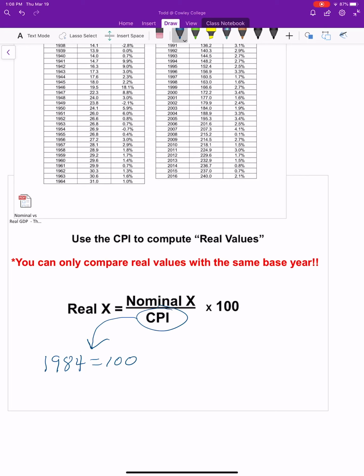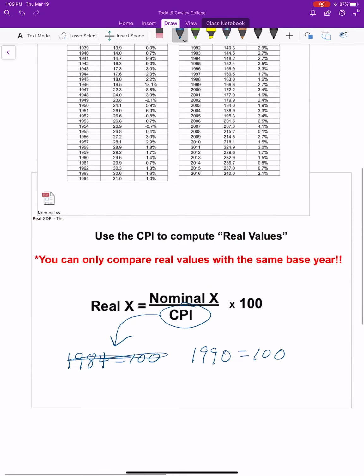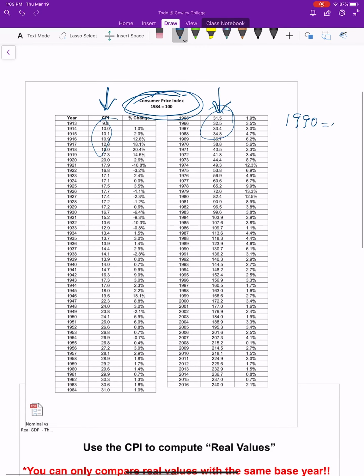So if I were to tell you, just for an example, that 1990 is equal to 100, then you could not use these CPI numbers in your equation because these are based in 1984. You would have to go to another sheet of paper and you would have to have one that says 1990 is equal to 100, and then go in and get those numbers off of that sheet.